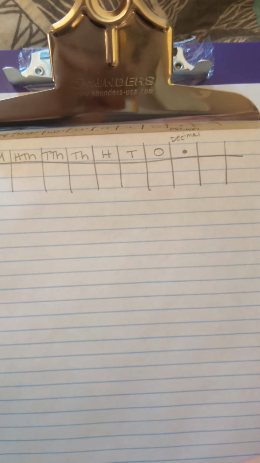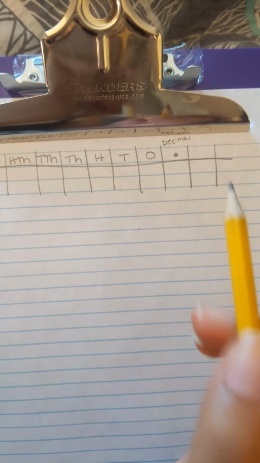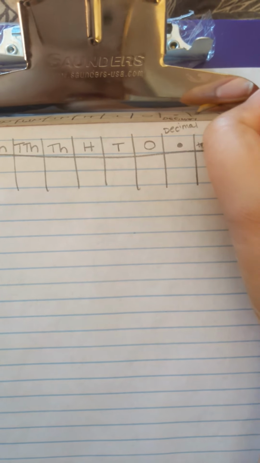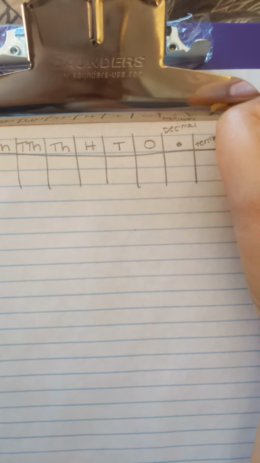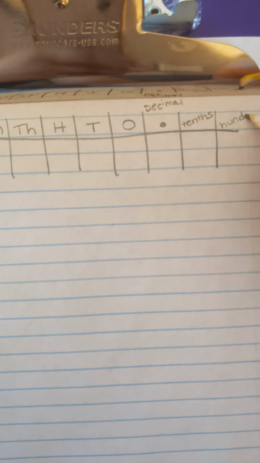Now, we've talked a little bit about this with our fractions, but we haven't actually put it on the place value chart yet. When we're talking about the place that is directly after the decimal, this place is called tenths. When we're talking about this place, it's called hundredths.